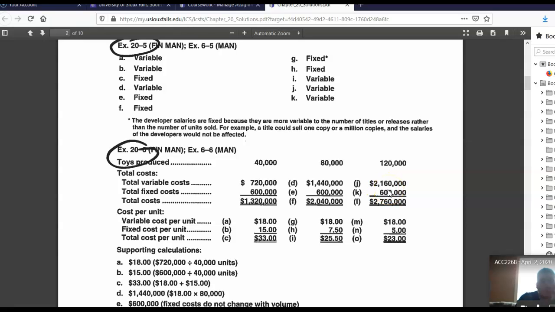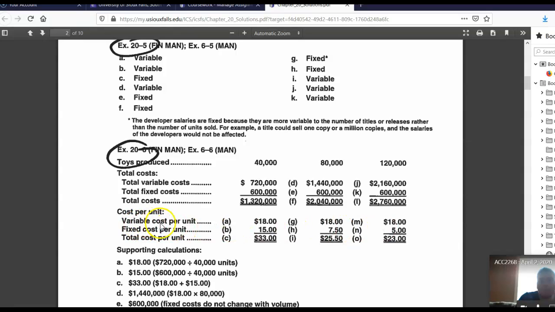But look at the fixed cost per unit. That is what we were talking about. That fixed cost now gets split over more units. Therefore, the fixed cost per unit is going to go down. Make sense?